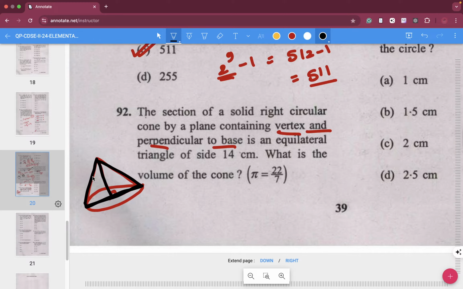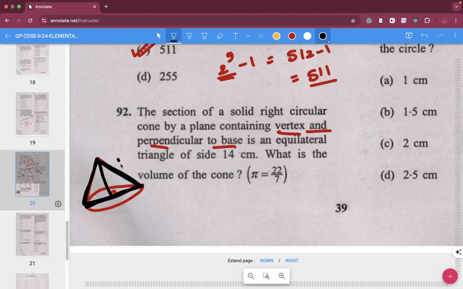So this is an equilateral triangle of side 14 centimeter.